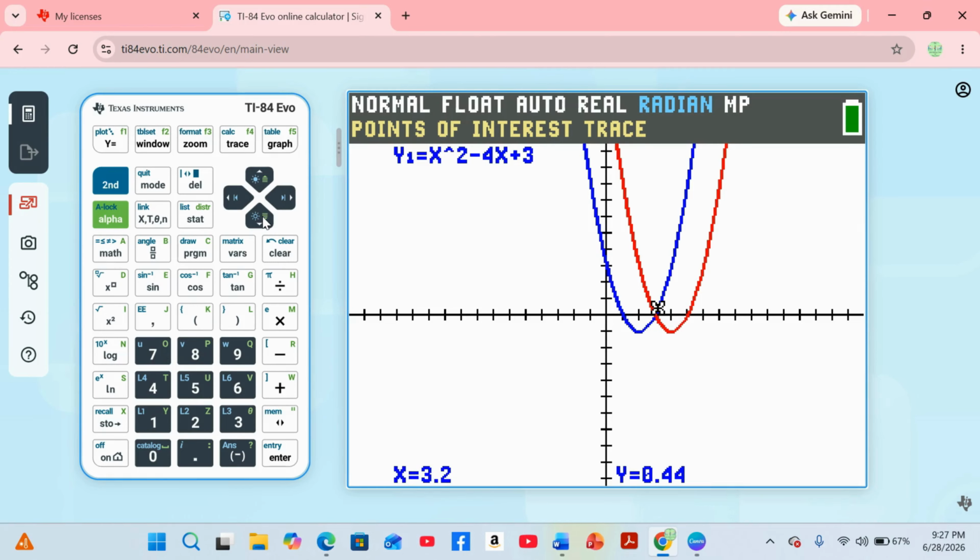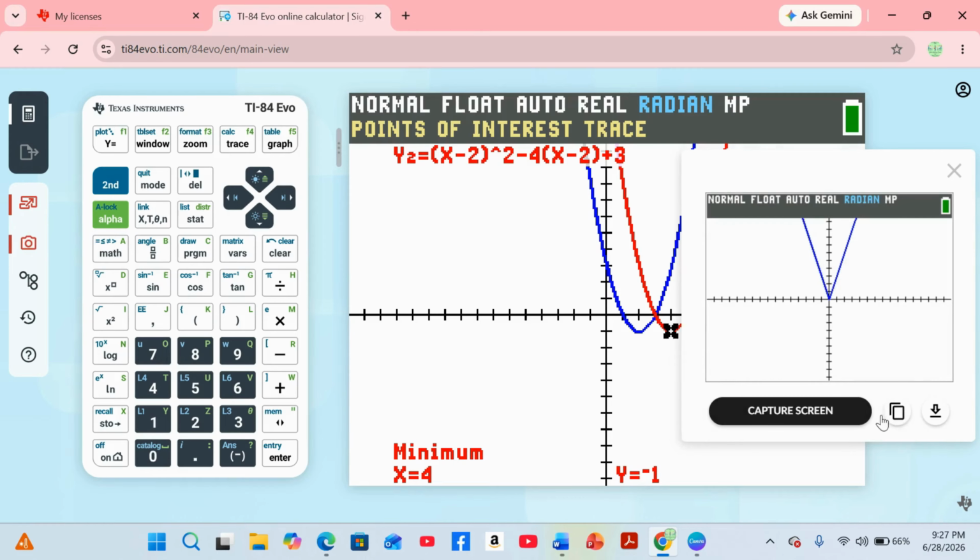Let's trace, this is 4, negative 1. Okay, let's copy this.